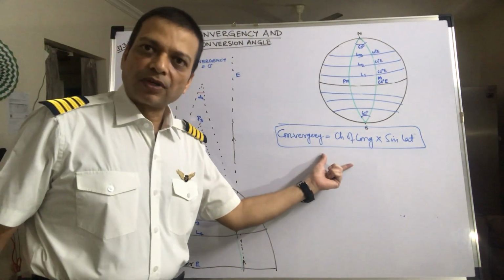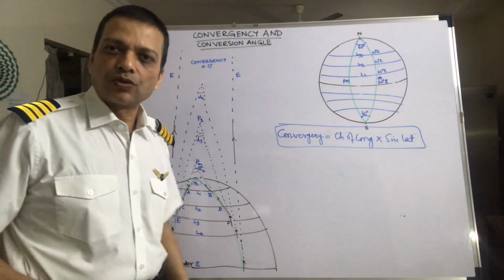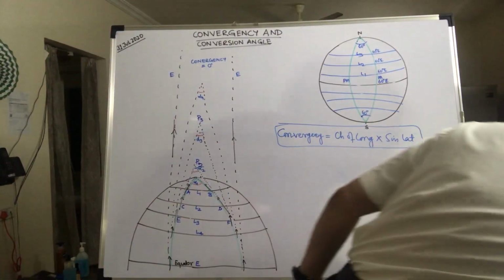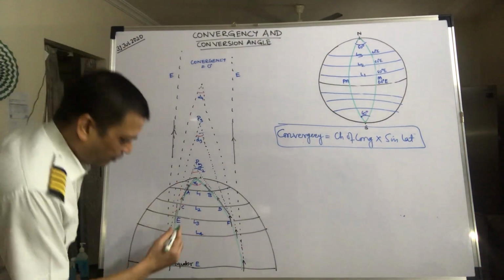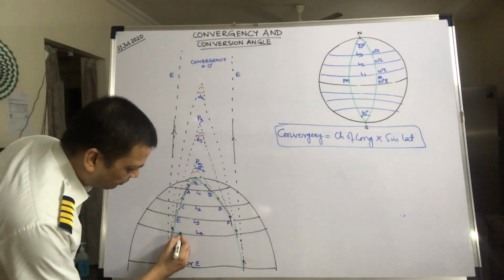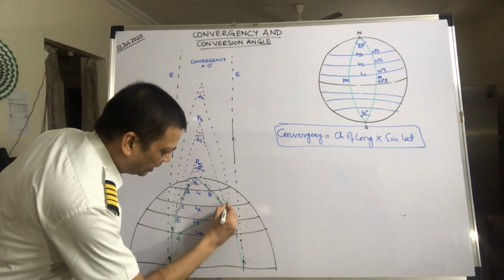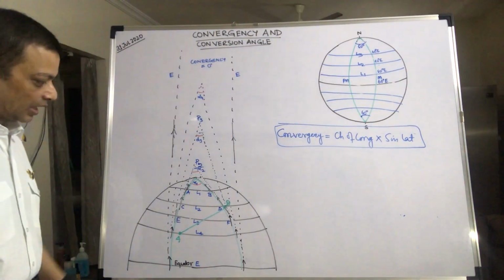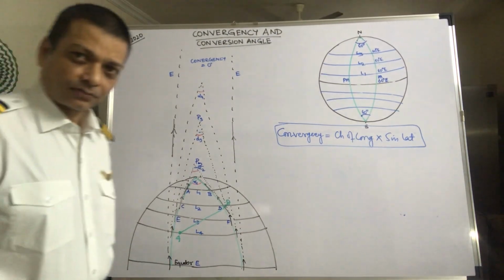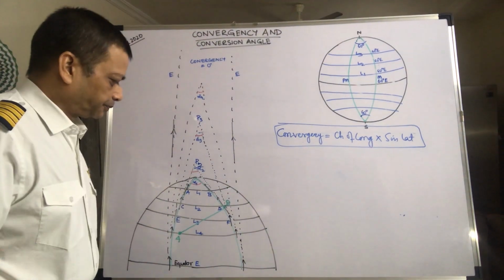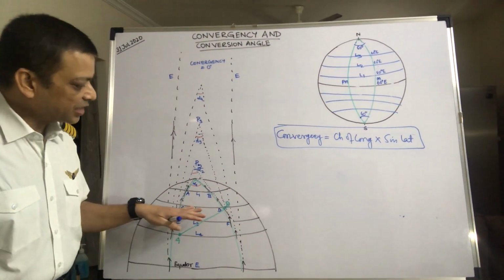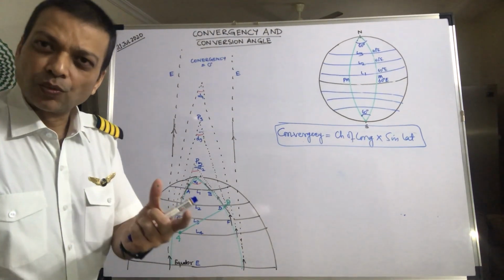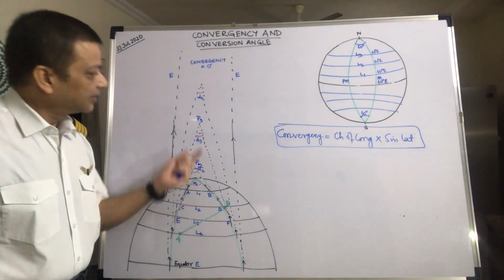I am going to make this formula more generic for all the latitudes, even if you fly and crisscross from one latitude to another. That is to say, if my point is here and we are flying from here to point B, which is in another latitude, then what will happen? Obviously, as we have already seen there, it is the distance between the latitude which is varying, and because of that the angle is varying.